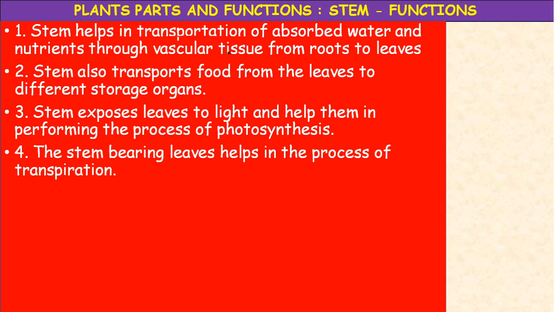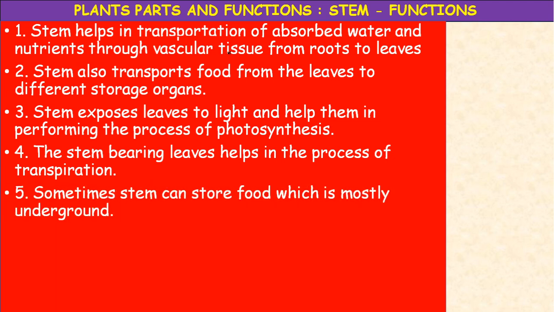The stem bearing the leaves helps in the process of transpiration. What is transpiration? Transpiration means the excess of water which is absorbed by the roots is eliminated in the form of water vapor through the stomata of the leaves. It is called transpiration.